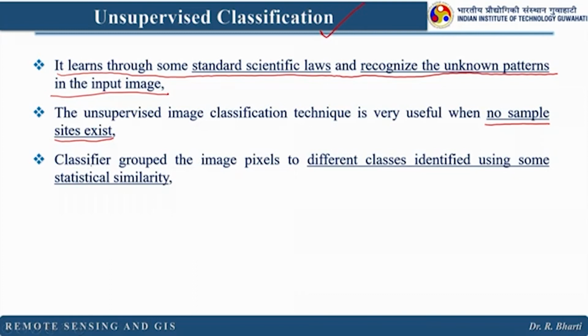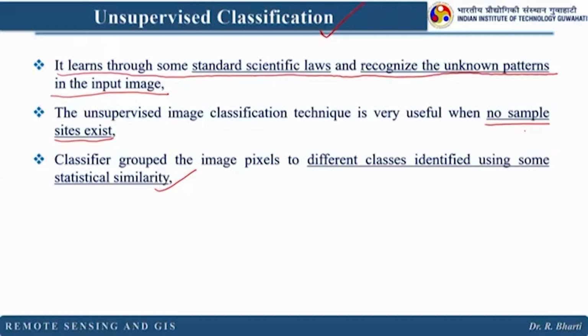And in the third point, the classifier groups the image pixels into different classes identified using some statistical similarity. So once you have this image where you want to identify unknown patterns, but you don't have any information from the field, what do we want?